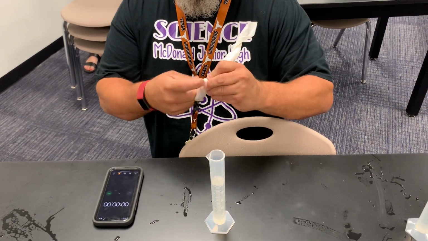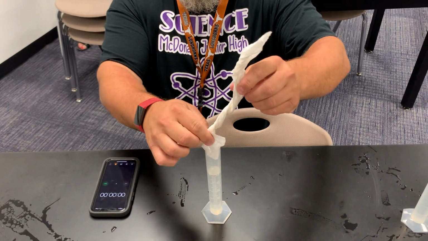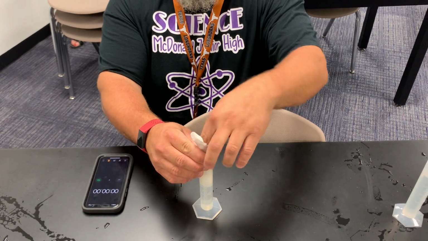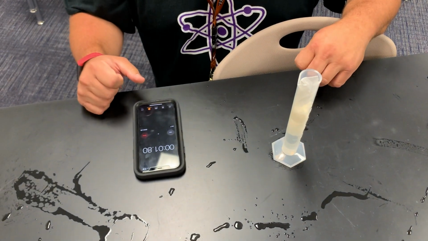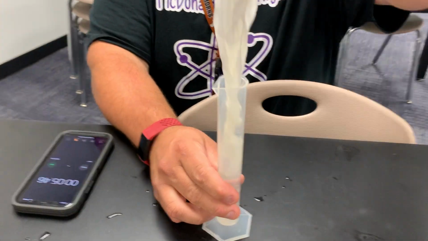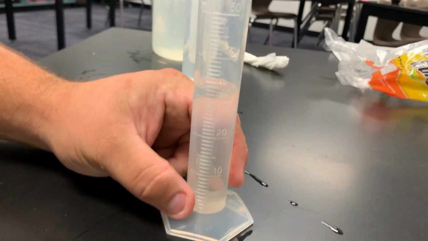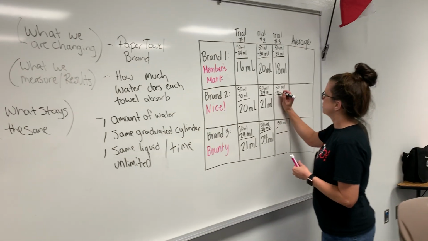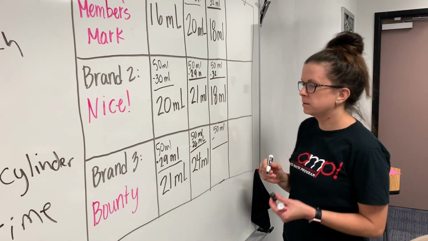Make sure this is good and tight. One, 2, 3, 4, 5. That one is at 32 milliliters. So 50 minus 32, 18 milliliters.